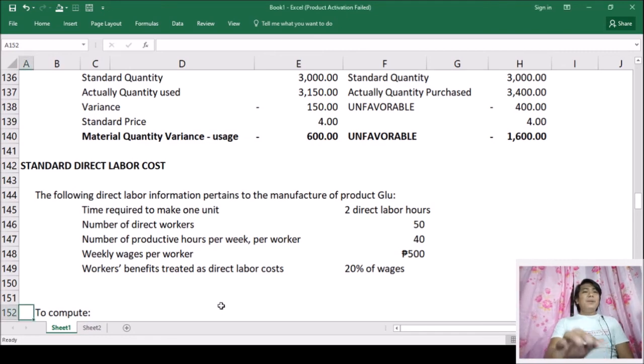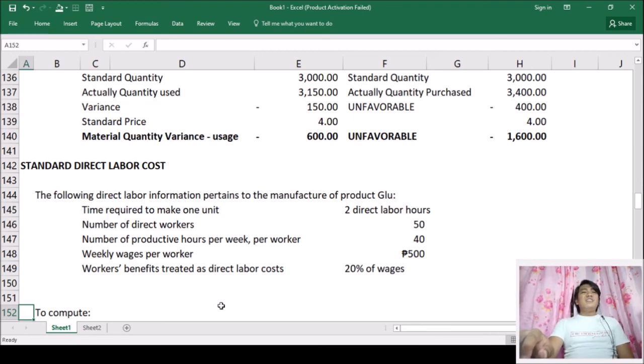And the number of productive hours per week per worker is 40. Weekly wages per worker is 500 and the worker's benefits treated as direct labor cost is 20%. Take note, clearly stipulated that the worker's benefit shall form part of the direct labor cost, so it will be part of the computation of the standard direct labor cost.